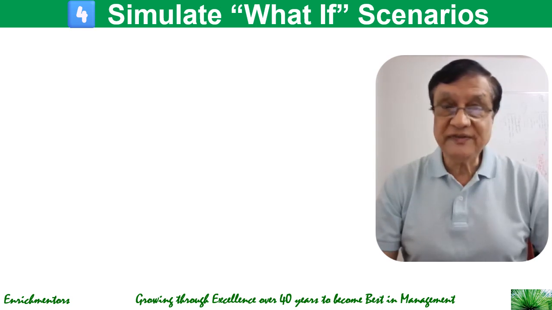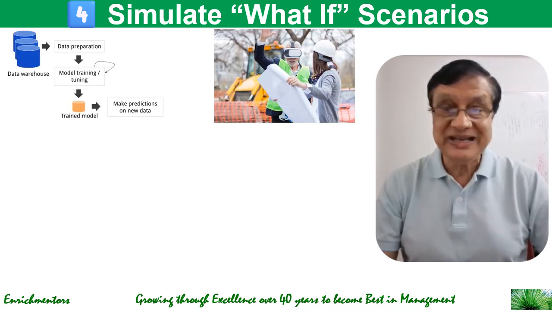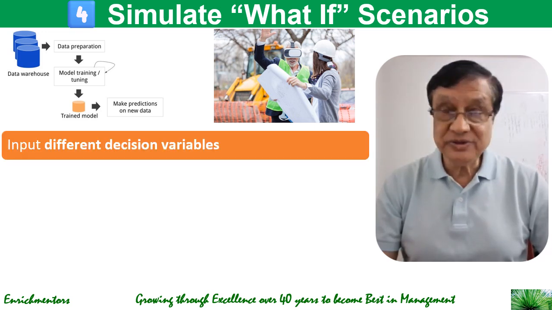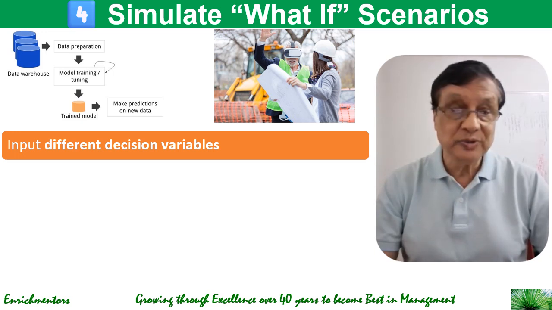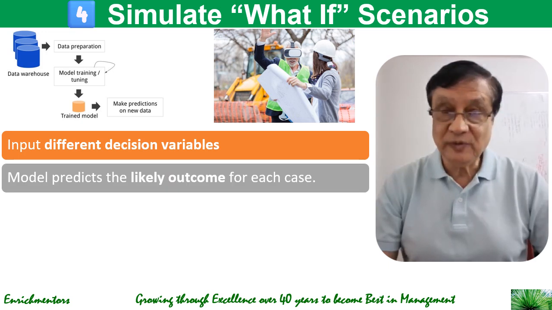Then you simulate what-if scenarios. You've done the prediction, you know the possible outcomes, then you see what-if scenarios. Once the model is trained, you simulate each possible action and input different decision variables. If it is a discount that you want to give and your options are 10, 15, 20, then you do that. And then the model predicts the likely outcome for each case.